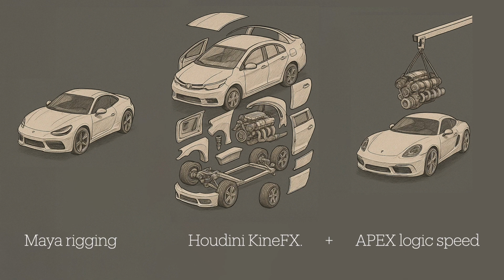Another analogy: Maya rigging is like a fast car. It's fast, it's powerful, it's a sports car. Houdini KineFX gives you all the tools to build that car, and it only needs speed. And Apex came and just infused the engine with speed, and you already have a sports car also.